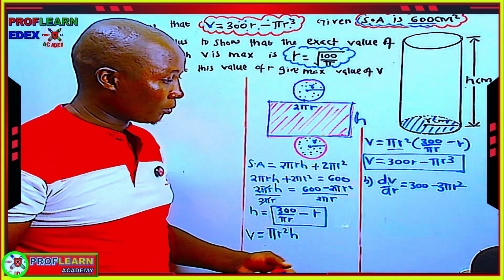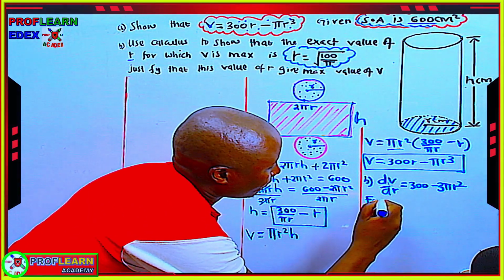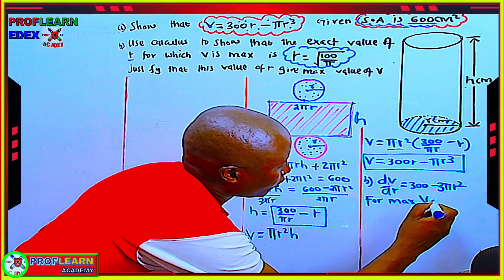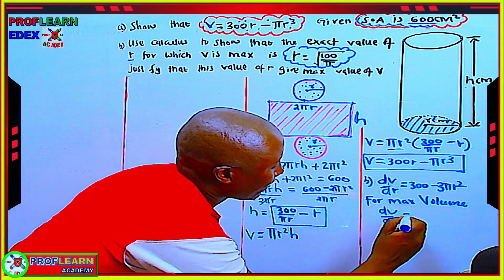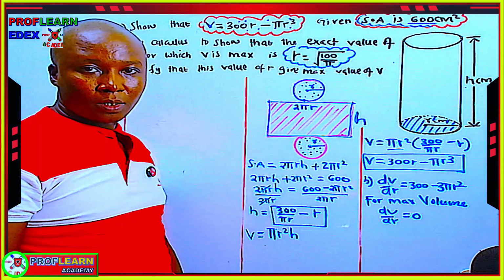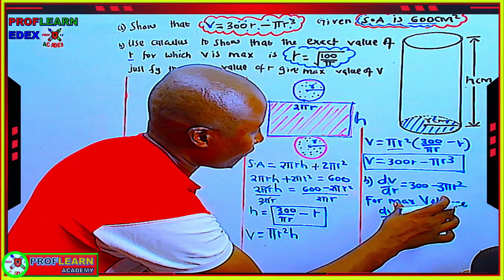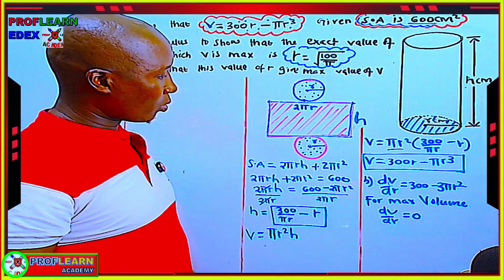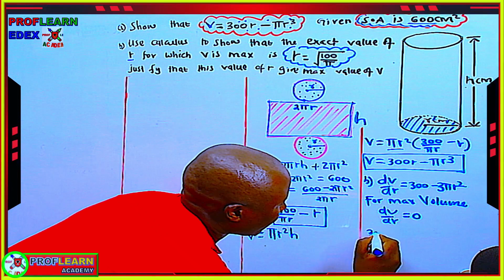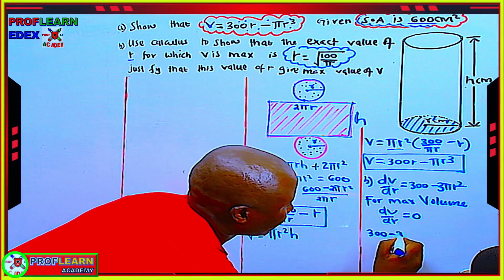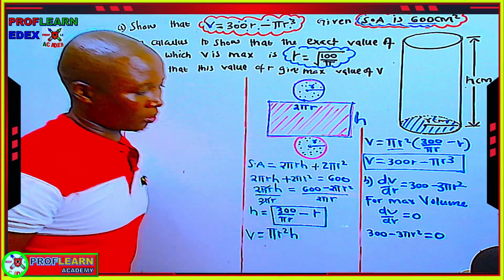For maximum volume, dV/dr must be equal to 0. So this part that we have differentiated, we equate to 0, and we say 300 minus 3 pi r squared should be equal to 0.